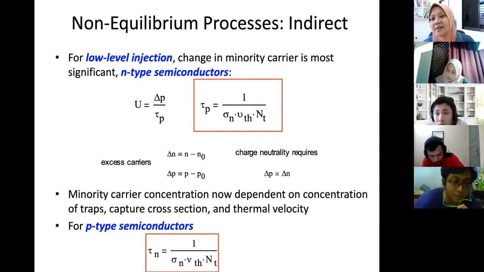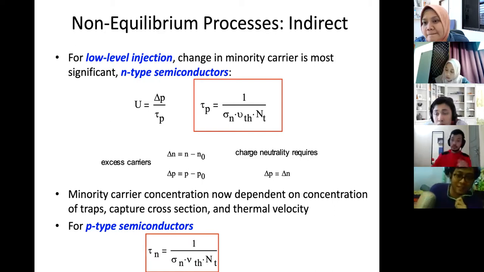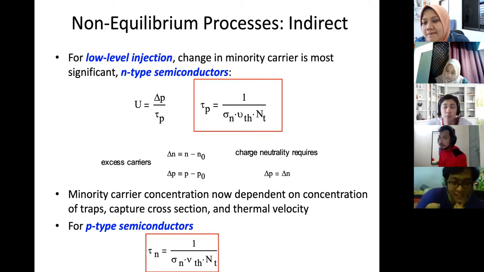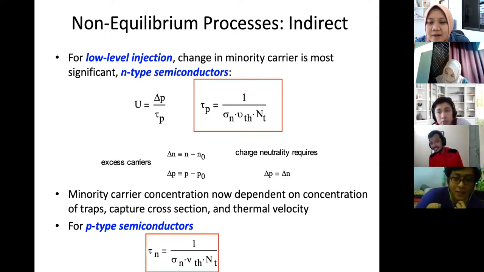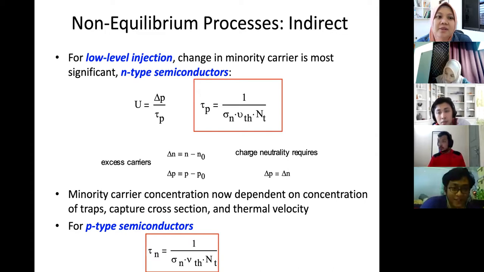Hambali, why? Sure. Ambali, can you hear me? Yes. So what happens if the lifetime is reduced?